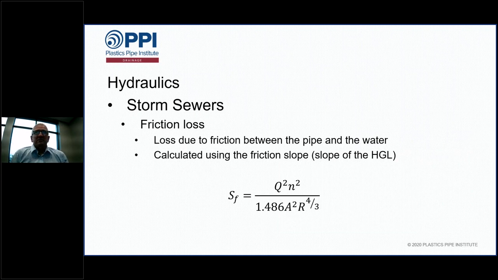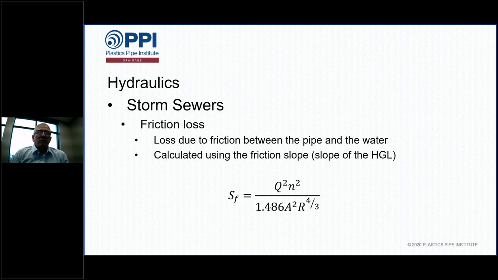So friction losses, first thing we talk about, that is a loss in the barrel between the pipe and the water itself. And you calculate it using the friction slope, which is just a manipulation of Manning's equation. We solve for the slope instead of solving for the discharge, and from that, we can actually calculate the friction slope.